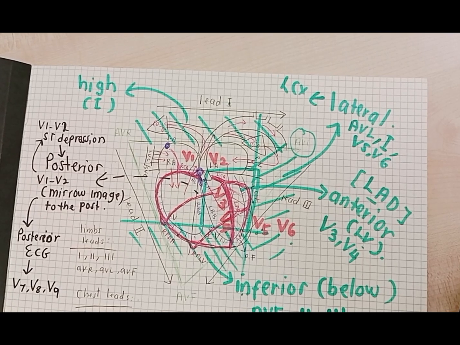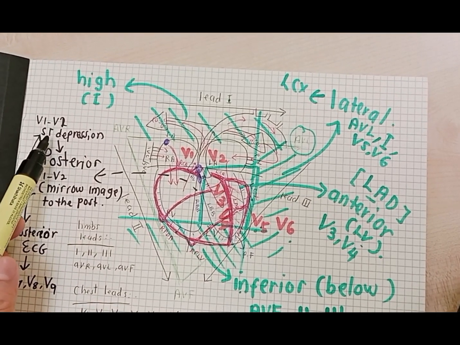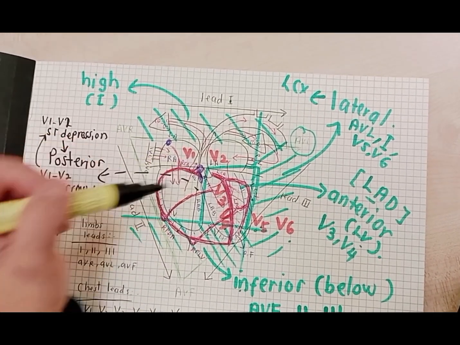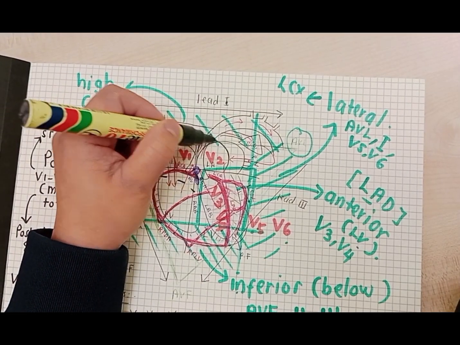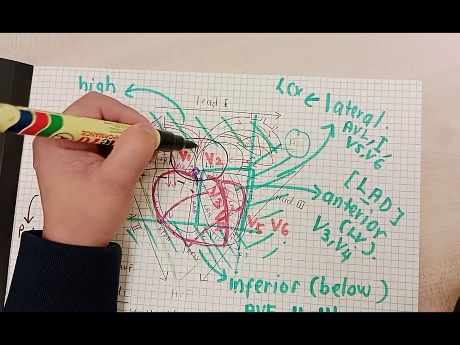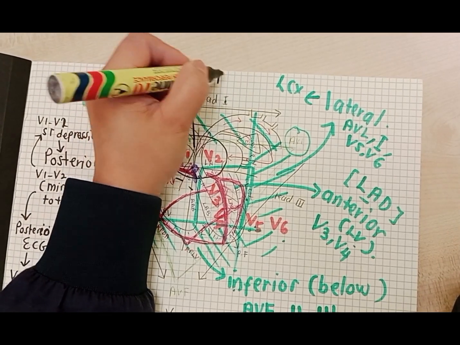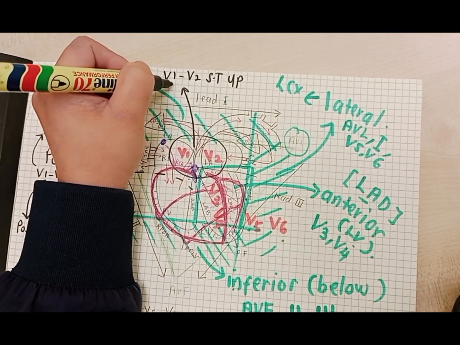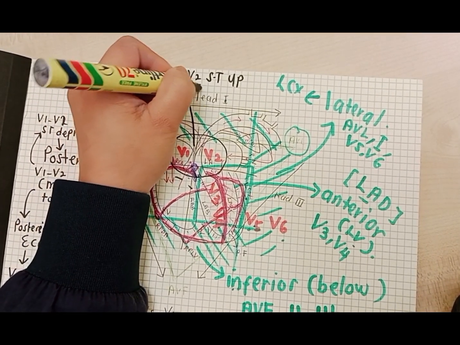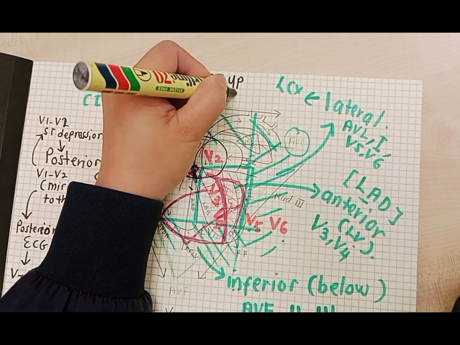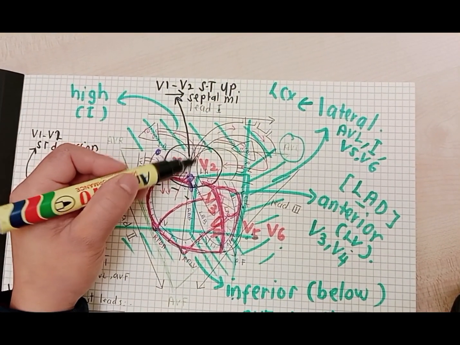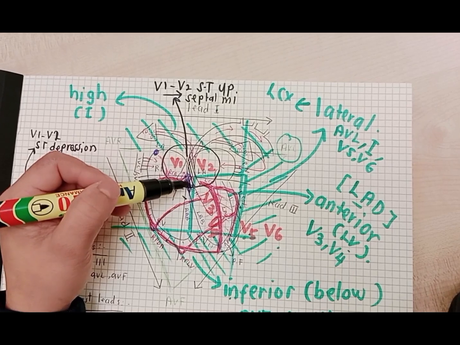So this is posterior: V1, V2 ST depression. And if we see V1 and V2 ST elevated, this is a septal MI because it is divided by the septum.